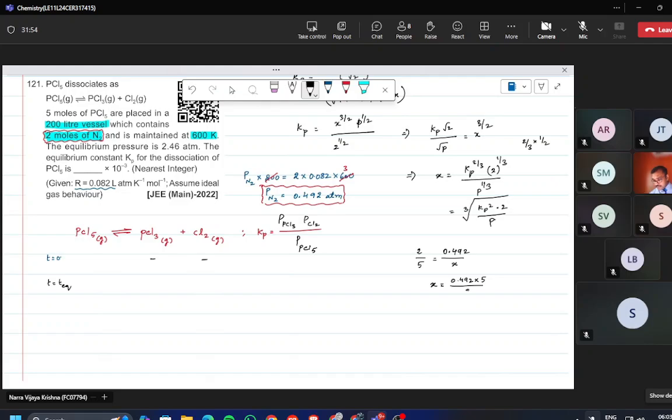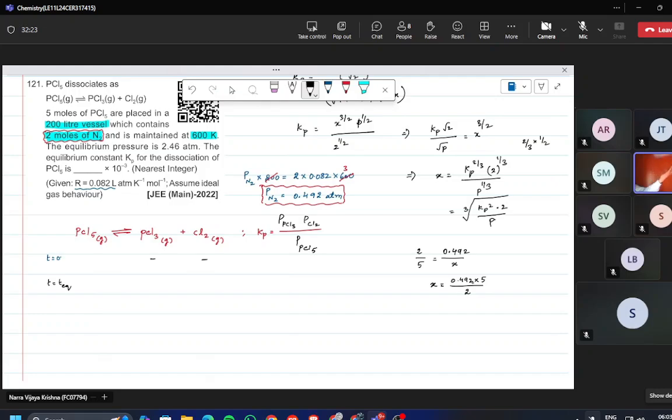Correct, sir? Then 5 moles of PCl5 give how much pressure? Volume and temperature are constant, then number of moles is directly proportional to pressure. 2 moles have this much pressure, so 5 moles will have proportionally similar pressure.